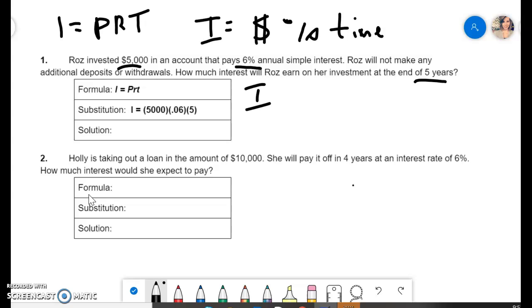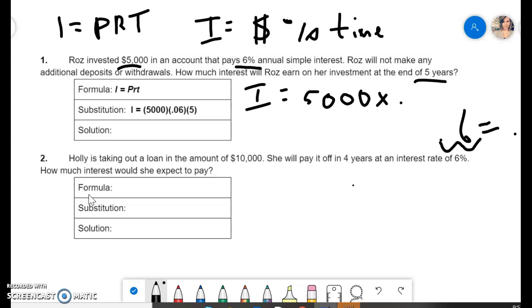We substitute in, money first, so 5,000 times the percent, and we can't just put 6. 6% equals 0.06 as a decimal. Move it, move it. That's how I got the 0.06.